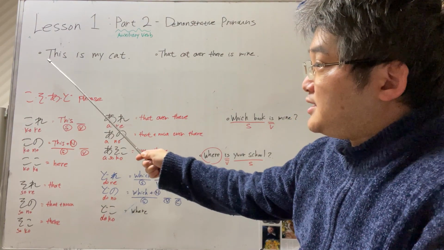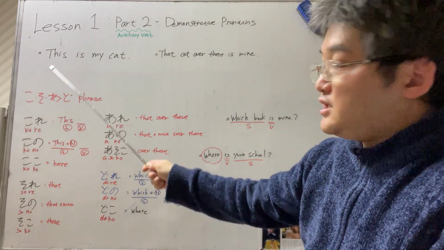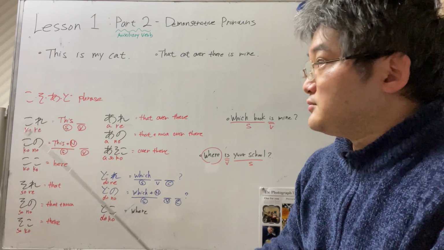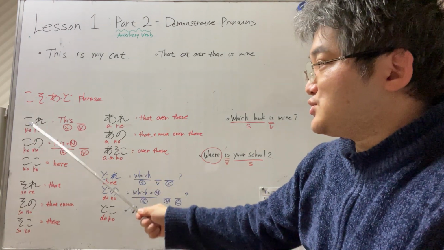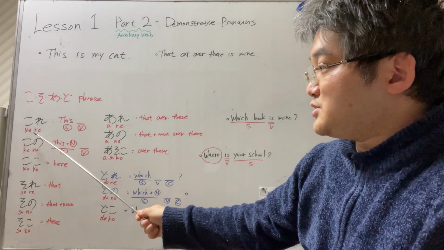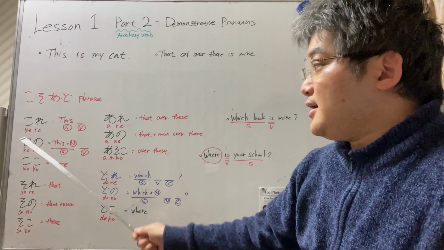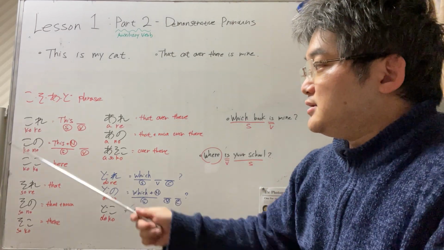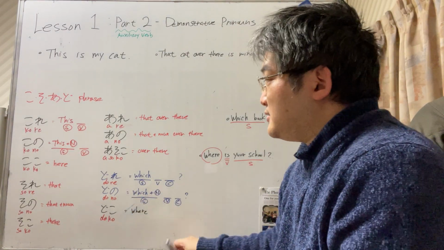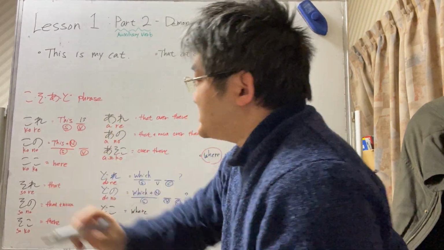We're going to learn how to say this in different ways. I should start from the Japanese. Kore, right? This time I'm just writing English phonetics here. Kore means this, simply, this is.